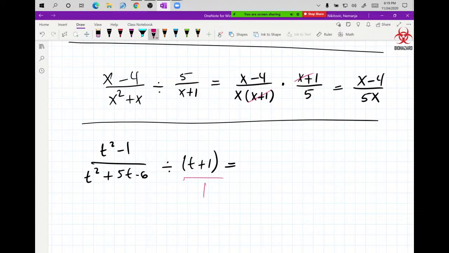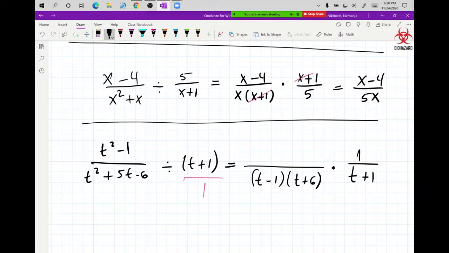What should we write as factors? Well, for the bottom, you have t minus 1, t plus 6. T plus 6, that's great.